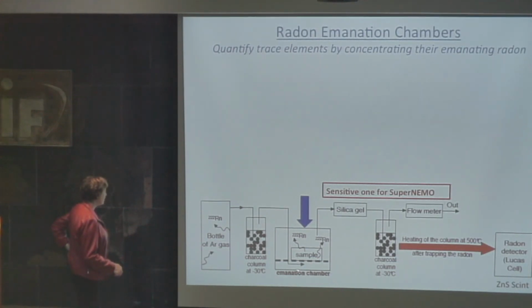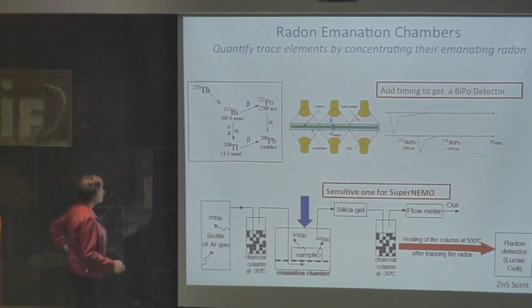You put your sample in there, and what gets emanated goes through a silica gel and another charcoal column, and you actually trap the radon inside of this column, and then look at it in a radon detector, which might be a scintillator. In this case, it is.